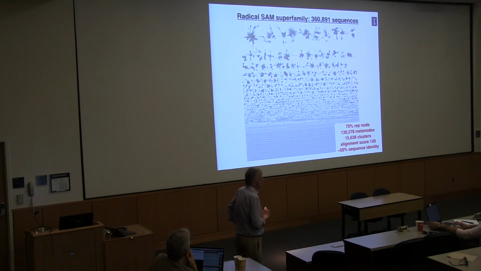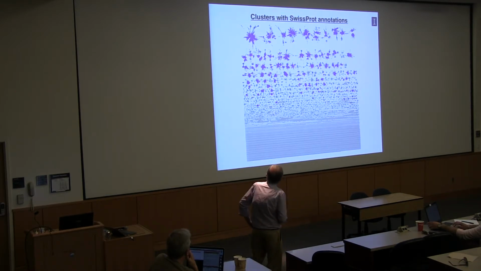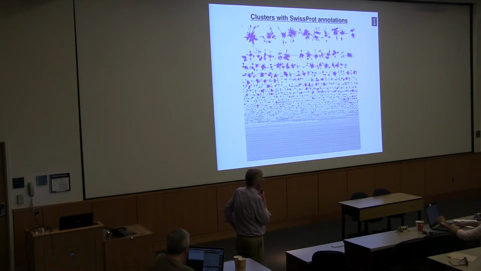A cluster has more than one node associated with it. Okay? I've colored in blue those clusters that have a Swiss-Prot function. All right, so at least some of these are probably heterogeneous, but I've colored the whole cluster. So there are some clusters that are colored, but notice all of the gray ones. There are lots of gray clusters which are unassigned functions.